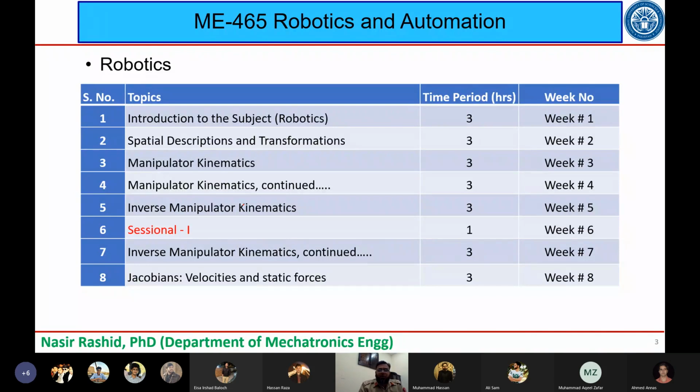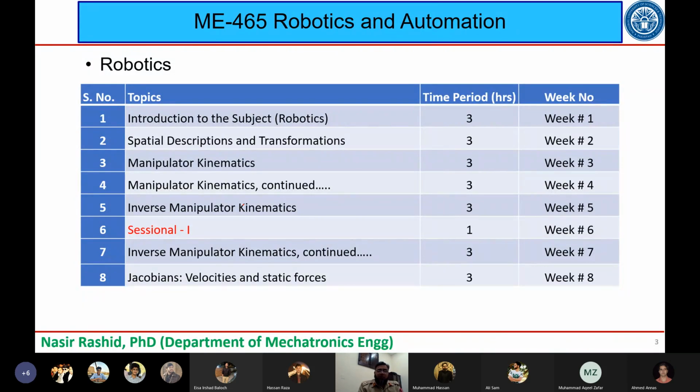This is the robotics module, in which the topics we will cover include today's lecture, which is the introduction to the subject, and then spatial descriptions and transforms, then forward kinematics, then inverse kinematics, and then Jacobians, which deal with the velocities and static forces applied onto the robot.